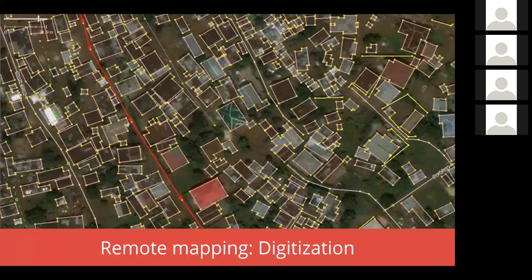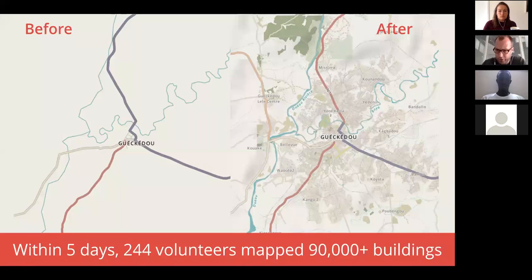We map it, we trace it, and extract some of the data from the map. So in places like West Africa, we all know this, we can quickly map an area remotely using good satellite imagery.